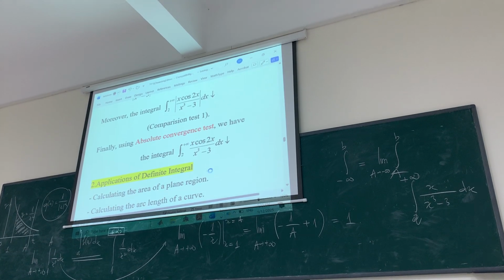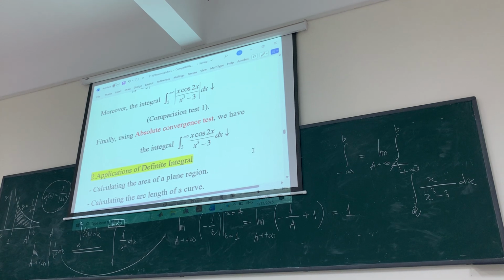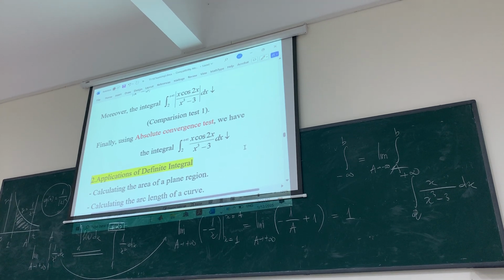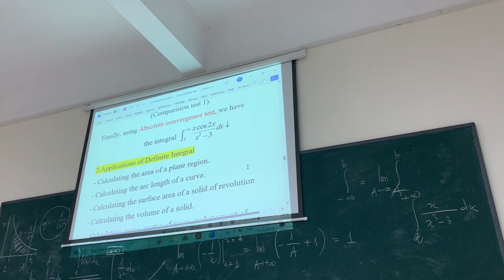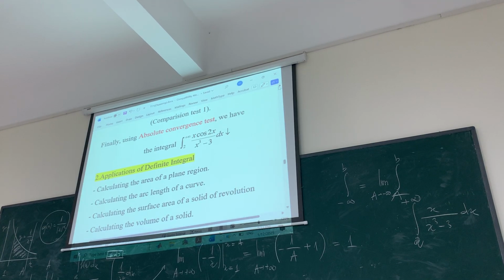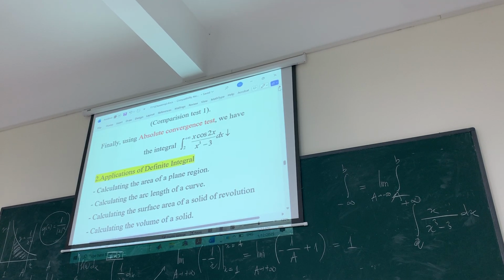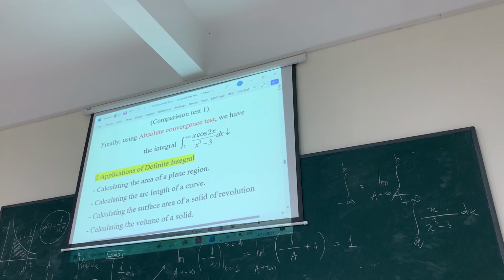Now continue. We get to the application of the definite integral. What can we do with the definite integral?